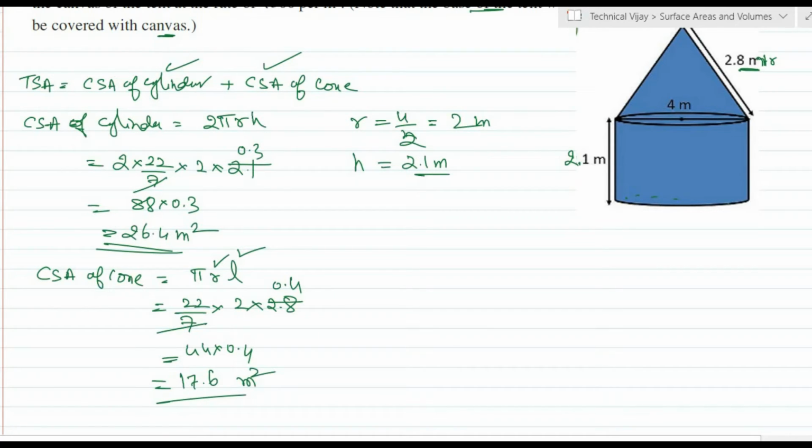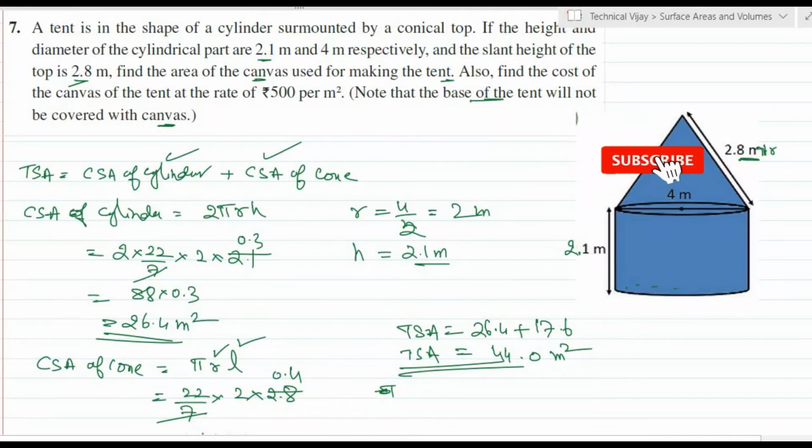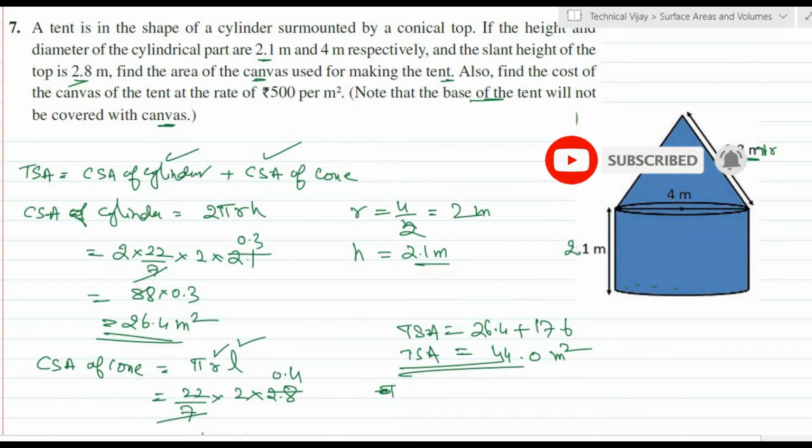So now the total surface area is equal to 26.4 plus 17.6, which is equal to 44 square meter. Now what he has given is 500 rupees per square meter, so we have to find the cost.